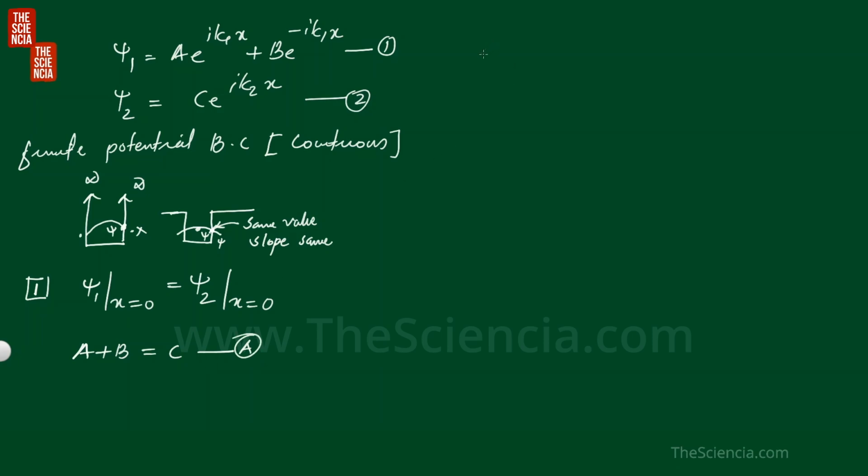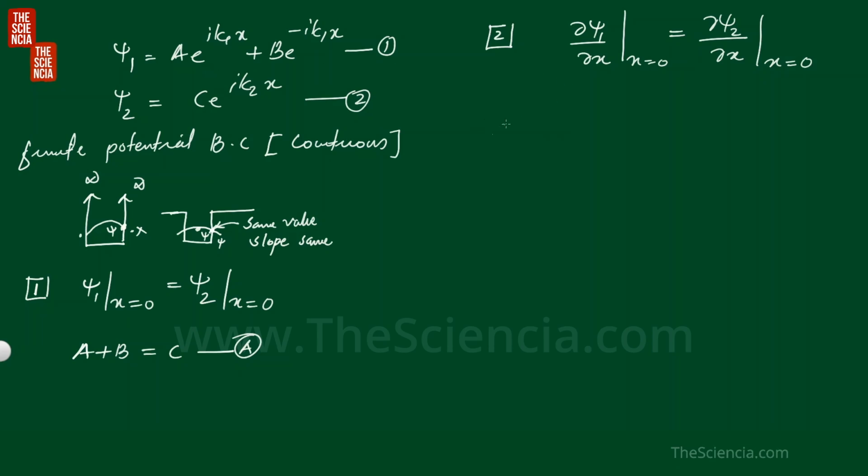when we substitute x equal to 0, it will become a plus b equal to c. Now we are using the second boundary condition. What is the second boundary condition? The slope is the same, that is, dou psi 1 by dou x at x equal to 0 will be equal to dou psi 2 by dou x at x equal to 0. So we have to take the partial derivative of psi 1 and psi 2.